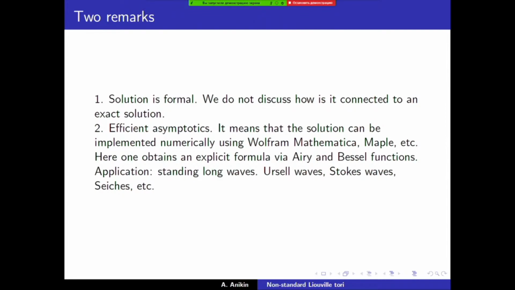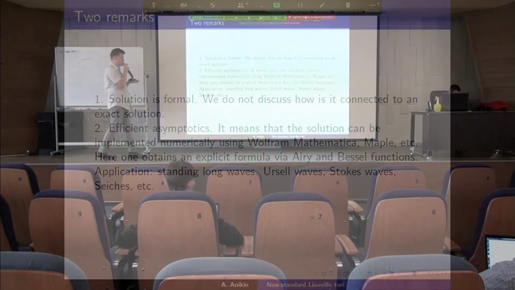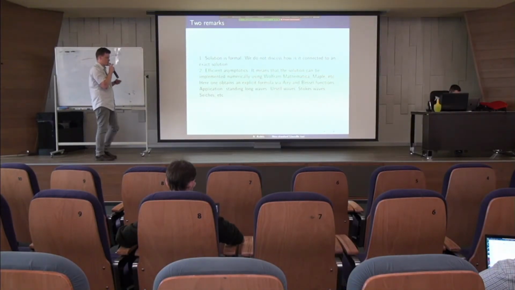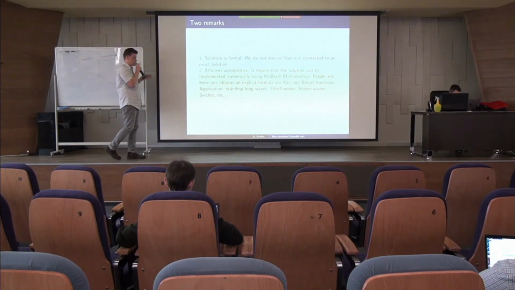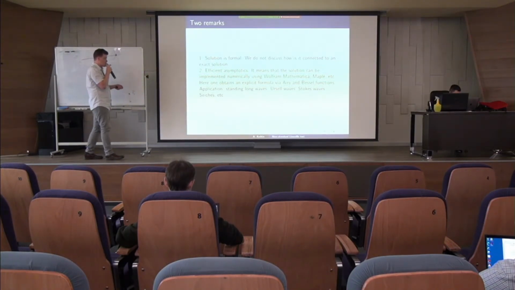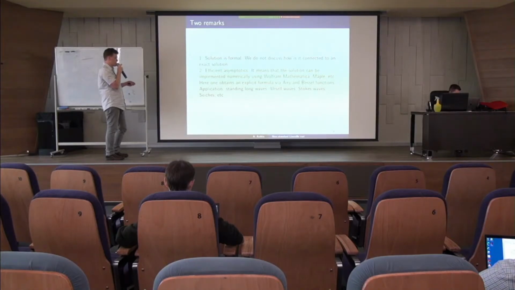Because sometimes in asymptotic analysis, we are provided with a solution which is expressed, for example, in terms of some oscillating integral, and you don't know how to compute it numerically, and so maybe it would be better not to deal with asymptotic methods and just use direct numerics.